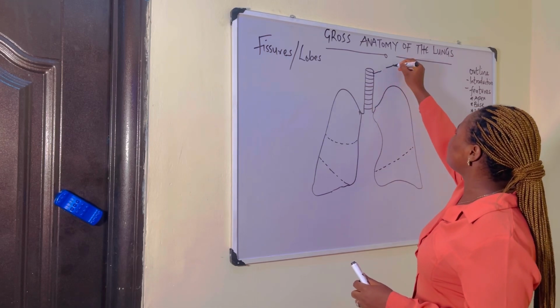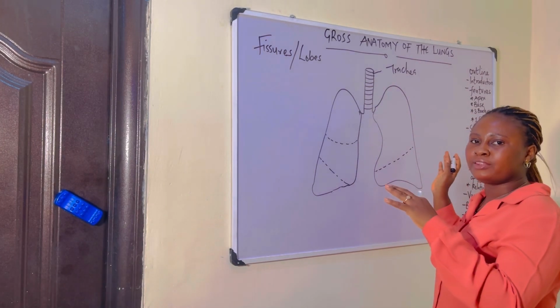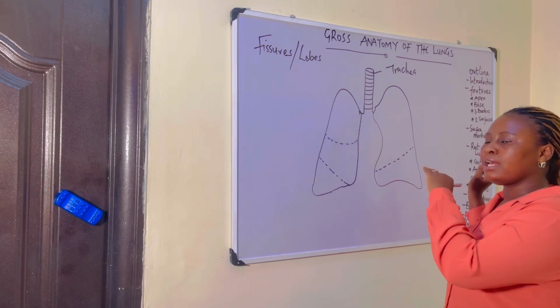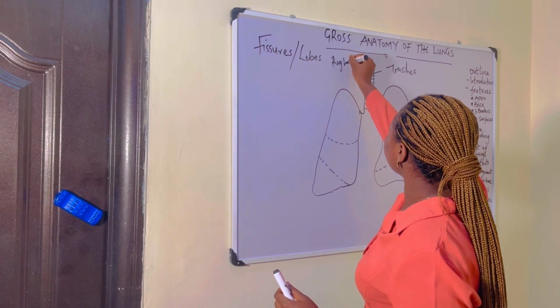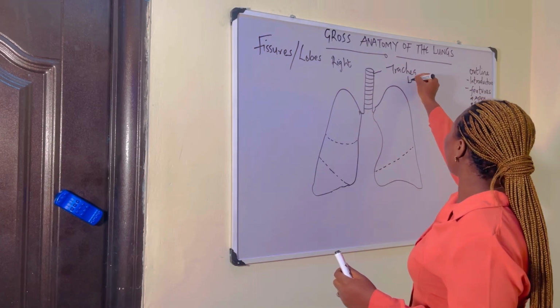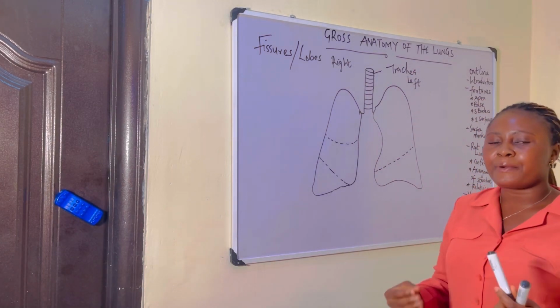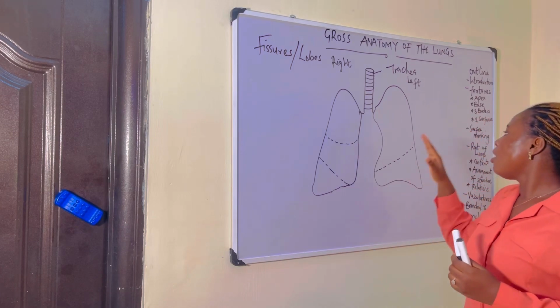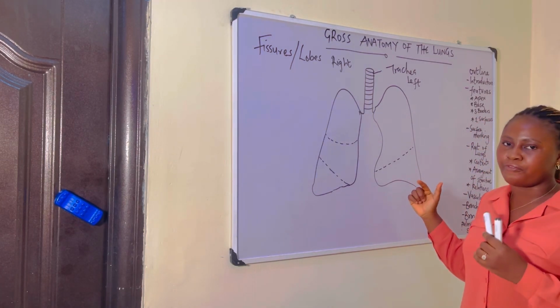Remember that this is the trachea, and we are having the apex, which we defined when we were talking about the features. So this is the right lung, and this is the left lung. The right lung has three lobes that are separated by two fissures, while the left lung has just two lobes and is separated by just one fissure.